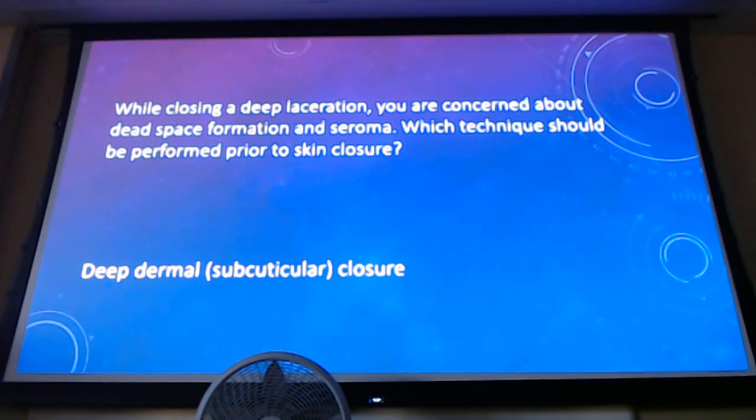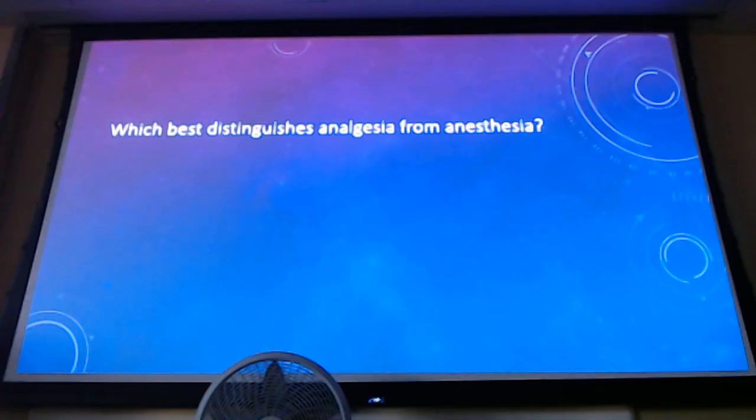Where you go at the level of the skin, versus running going through the skin. You can do either. You can do interrupteds if you don't want to have them come back. What about Dermabond? Is Dermabond an option? Absolutely.